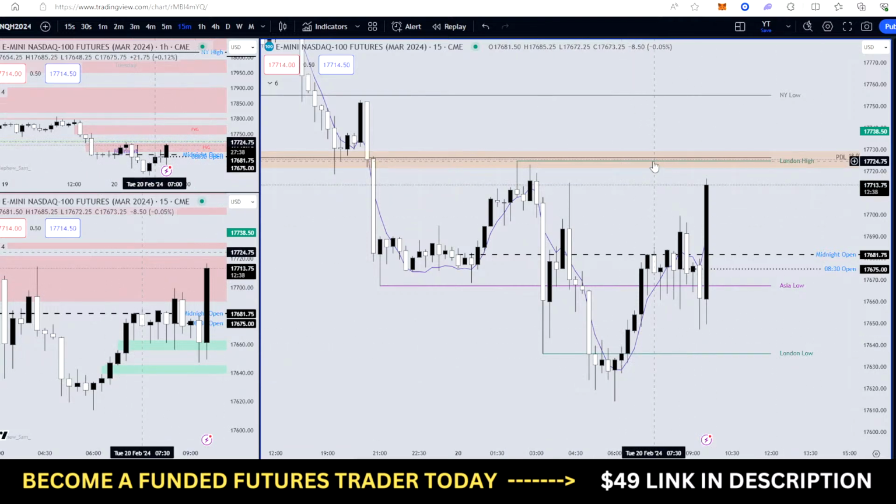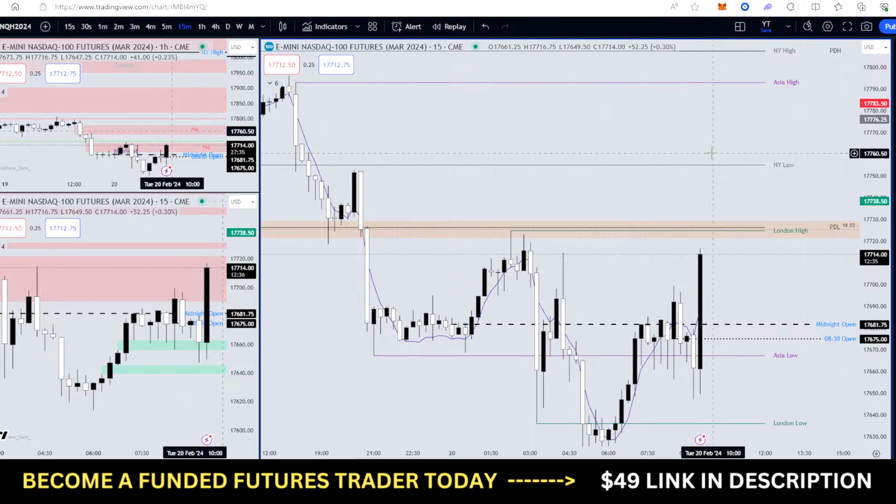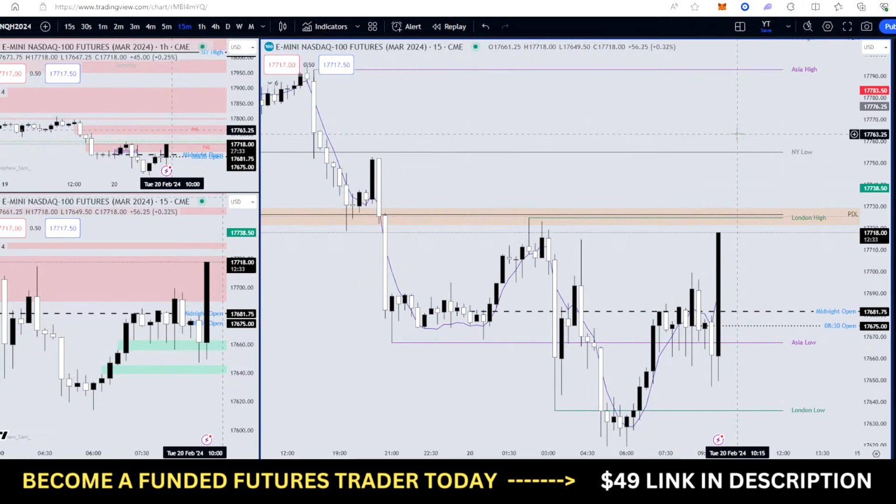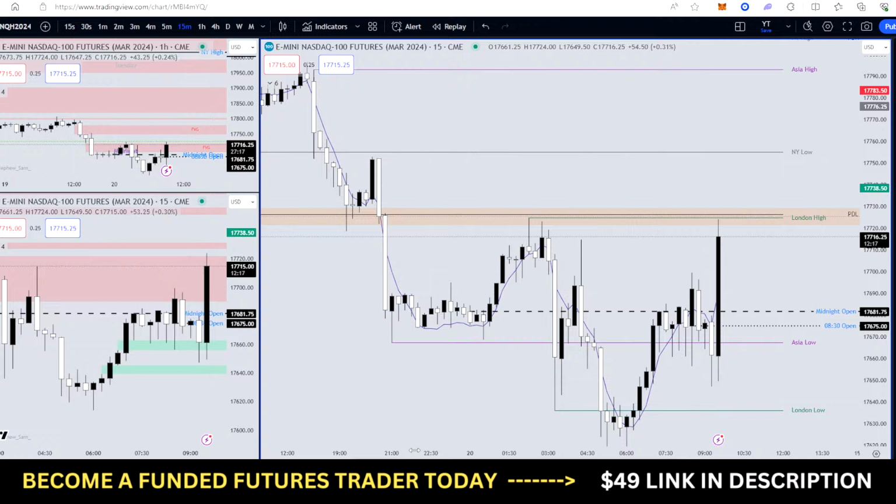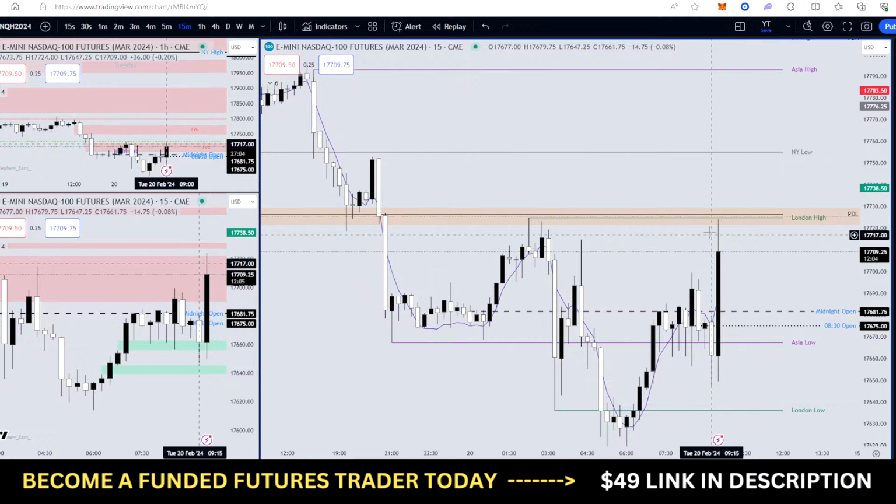And we have the London high at 724 and the Asia high way above. 725.